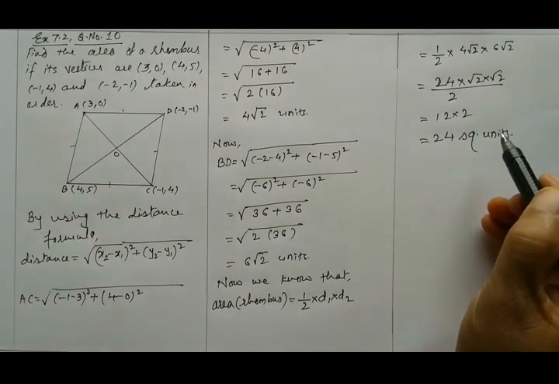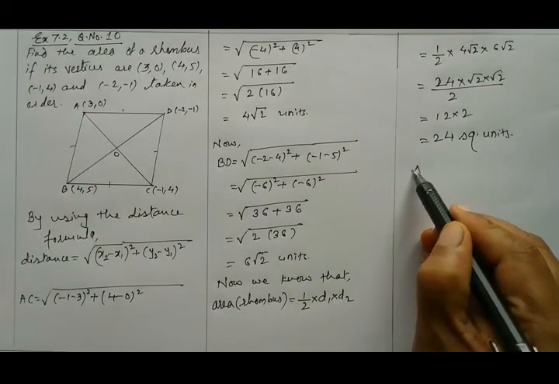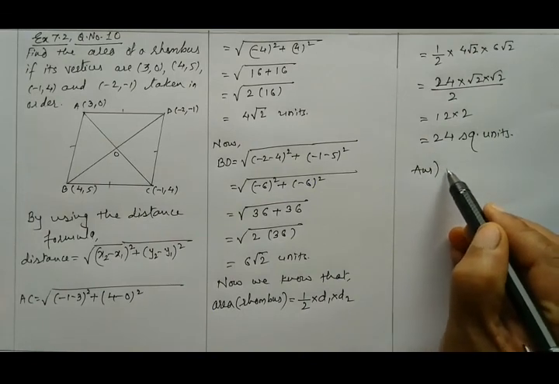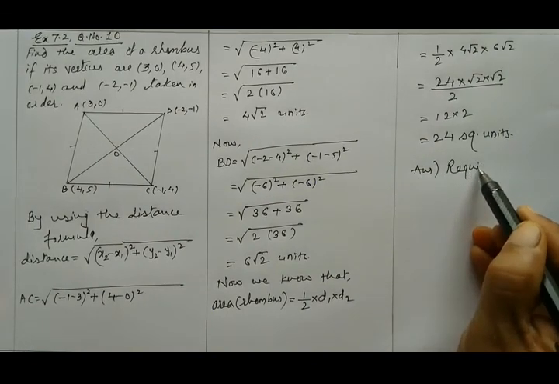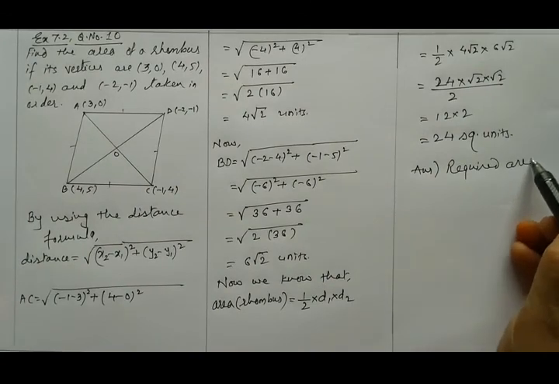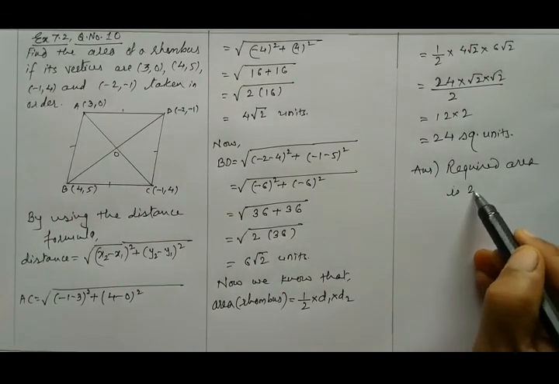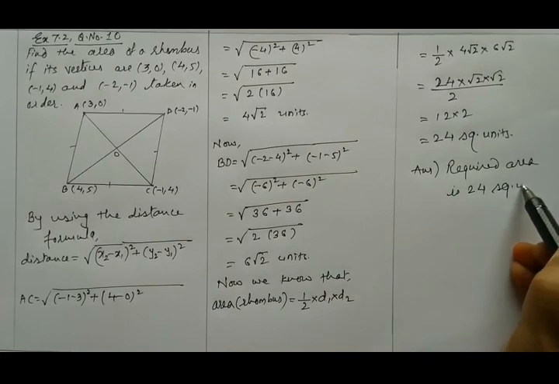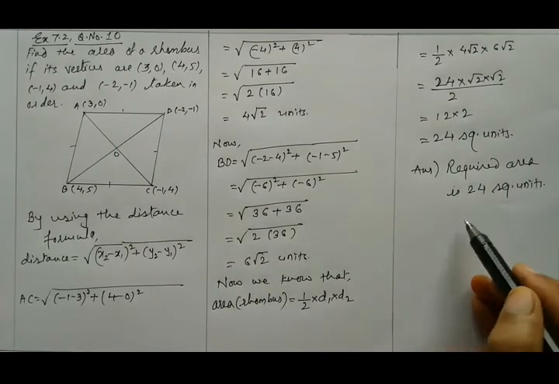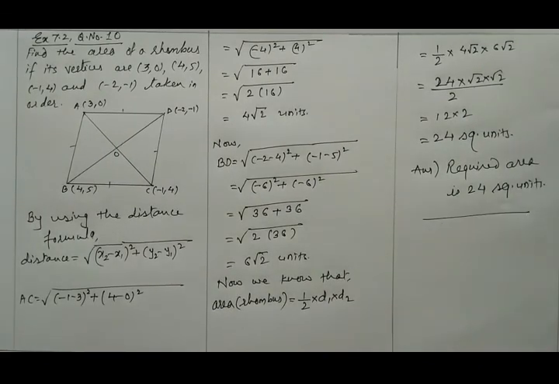So the area of the rhombus, the required area, is 24 square units. Hope you have understood this question.